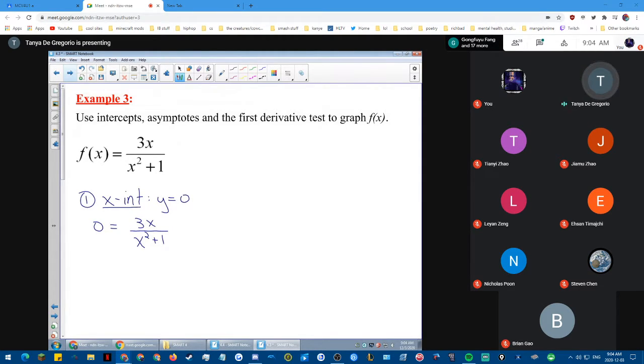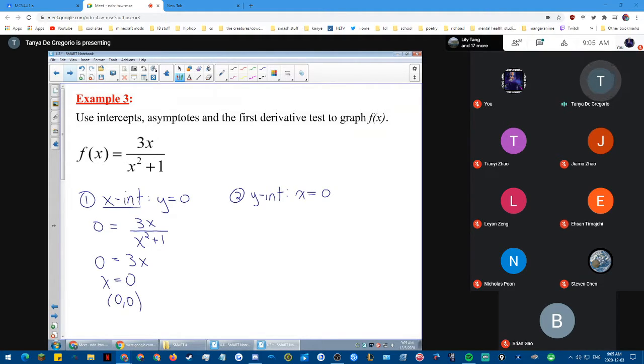My denominator doesn't matter here. What I need is a numerator of 0. So what's going to make this numerator 0? 0. So that's giving me the point (0, 0). Because (0, 0) came out, what's going to happen, do you think, when I find my y-intercept? Yep, it's going to be (0, 0), but we have to show it anyway.